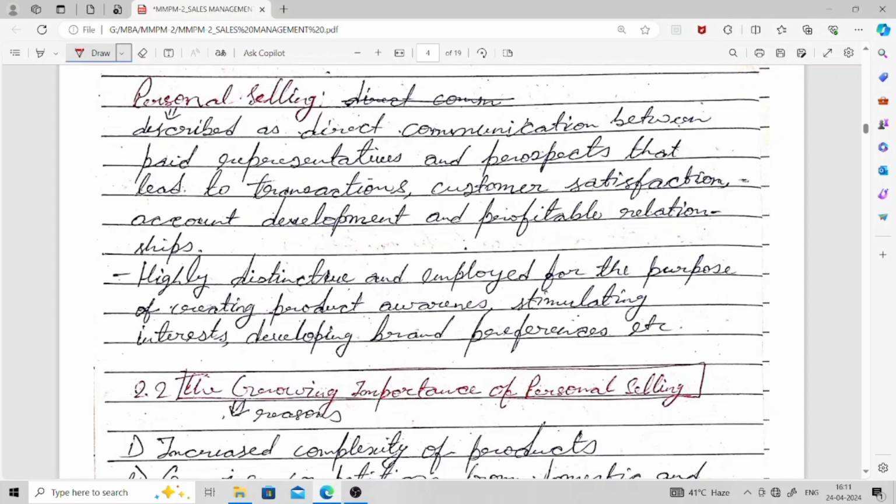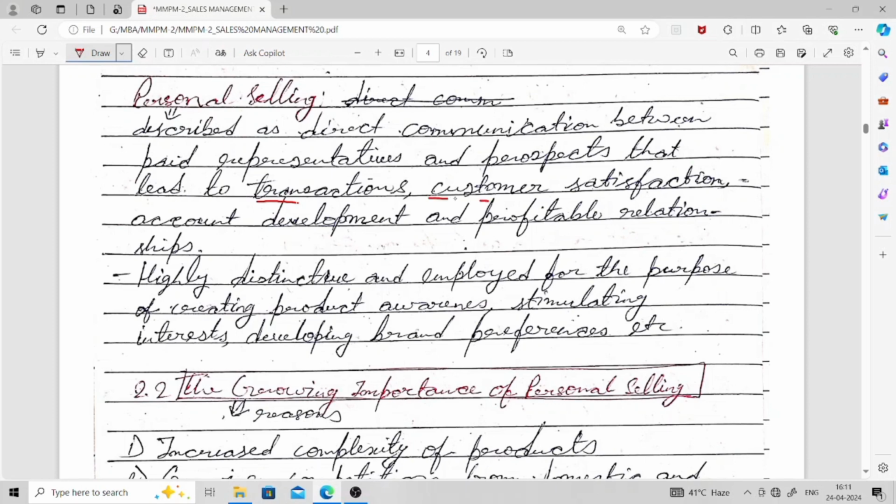Prospects are customers, and this transaction between the salespeople, or the paid representatives, and prospects leads to customer satisfaction.